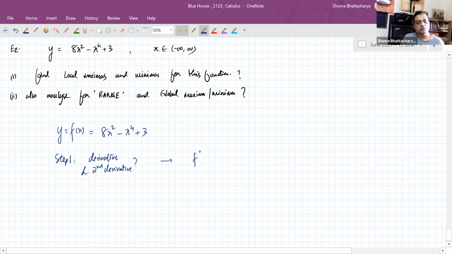So the derivative is, as you can see, differentiate this. So it is 16x minus 4x cube. Okay. And second derivative, can differentiate this. So it is 16 minus 12x square. Okay. Is it correct? Just verify once.